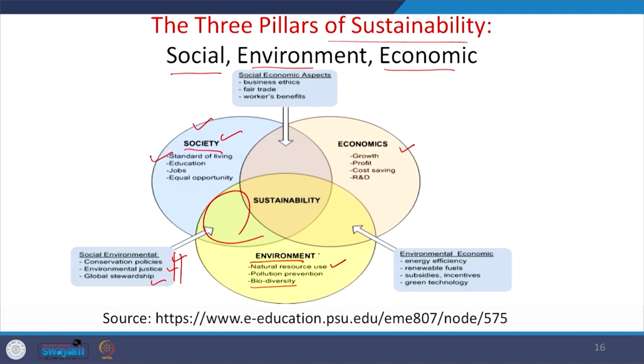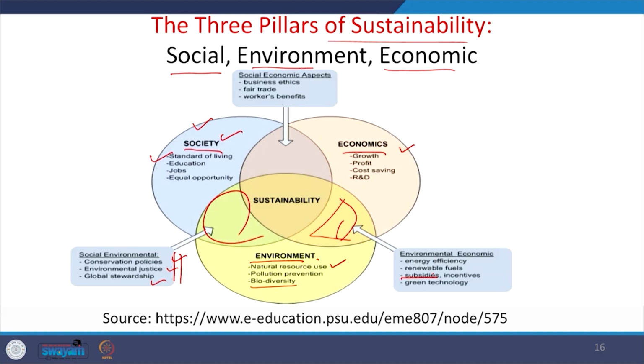So, likewise, when we are talking about economic sustainability and environmental sustainability, these intersection points talk about how energy will be efficiently used, how renewable fuels should be used, what the alternatives are, and the policies that promote subsidizing a particular resource and giving different kinds of incentives.